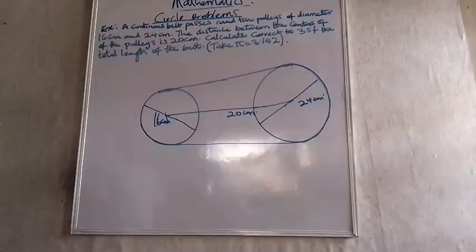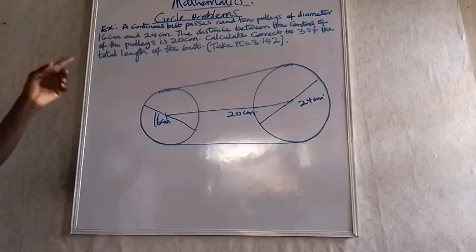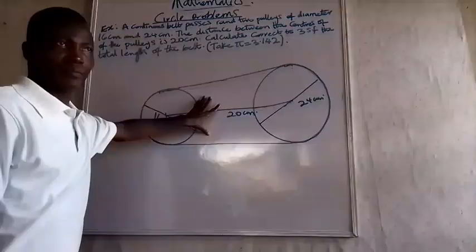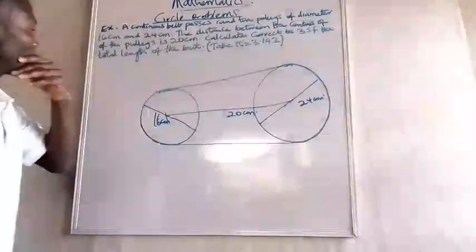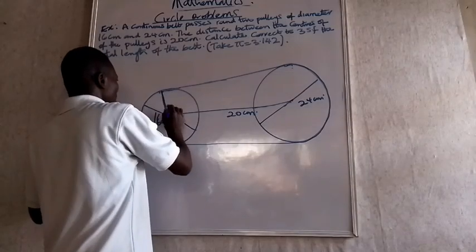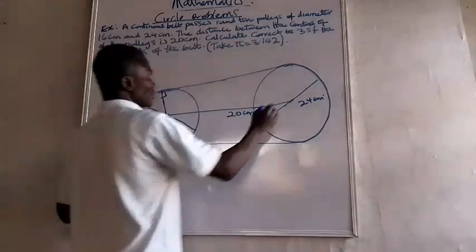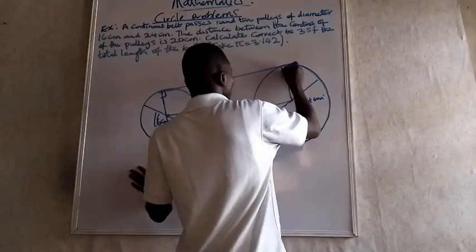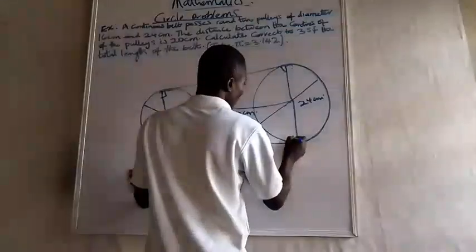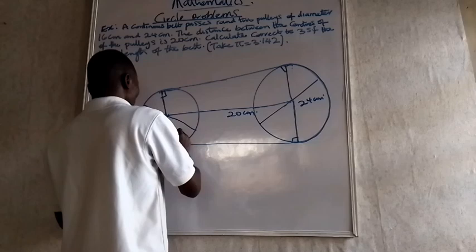Now, remember, we know how to get this straight. You know how to get it easily now. From here to here is this. Same here. Same here. Same here.